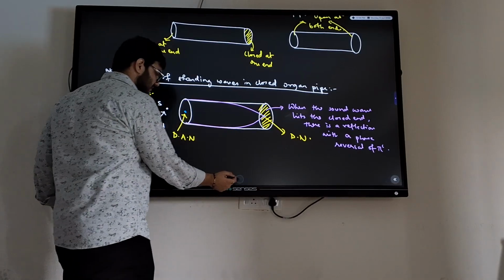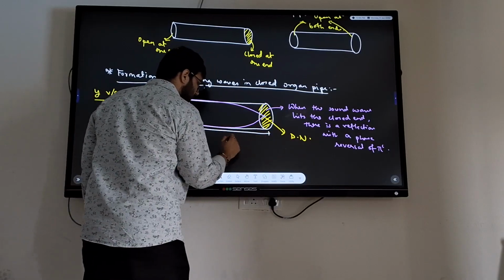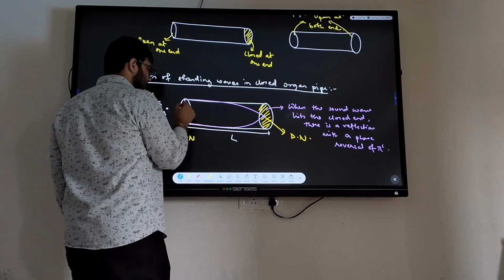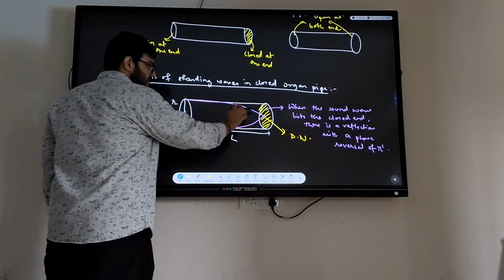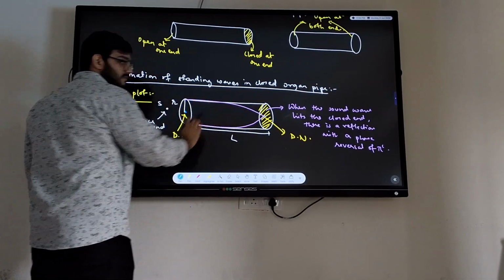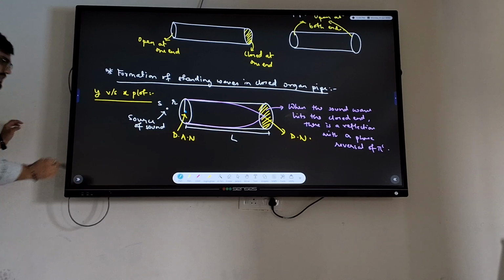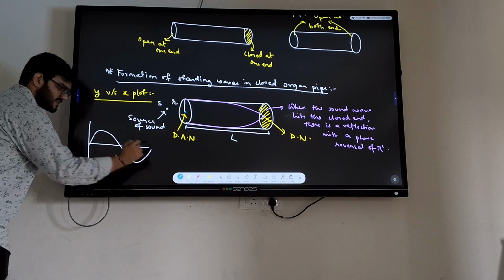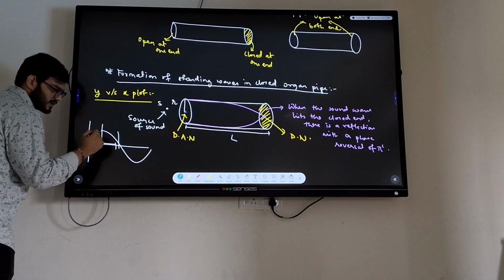Let me give you some values. So let's call the length of the cylinder L and the radius of the cylinder R. Then what is this length? Lambda by 4. Does it look like that? I have one wave, this is lambda by 2, and I think this is what I have drawn.